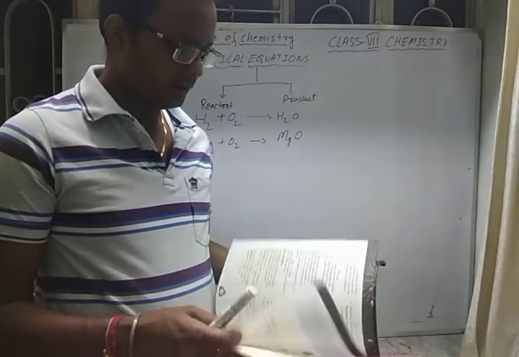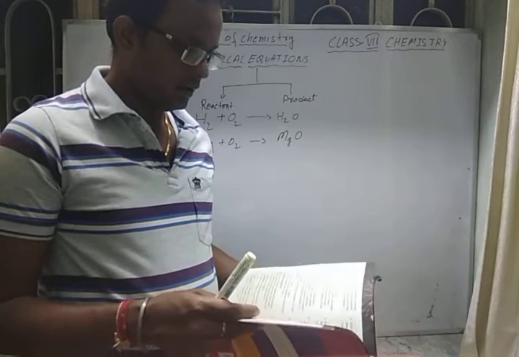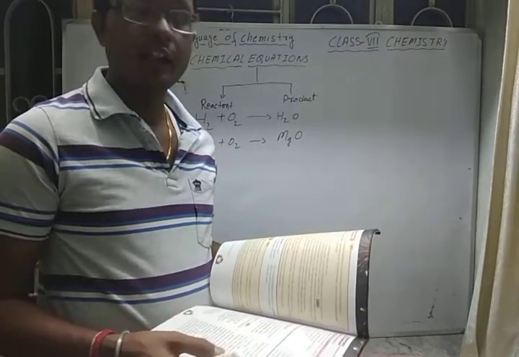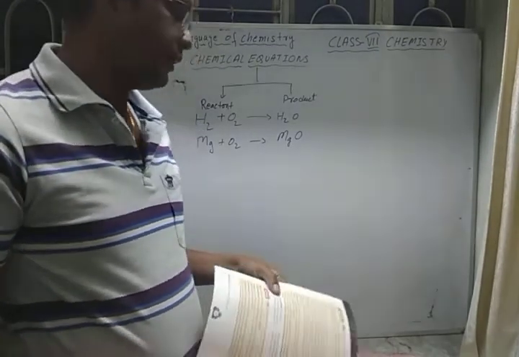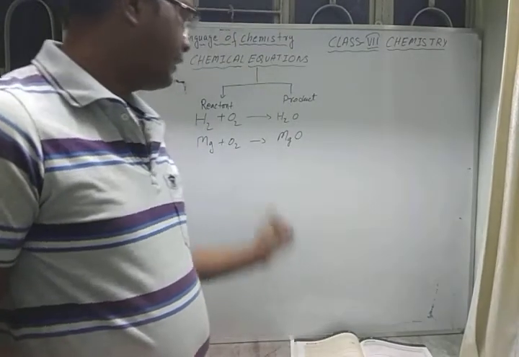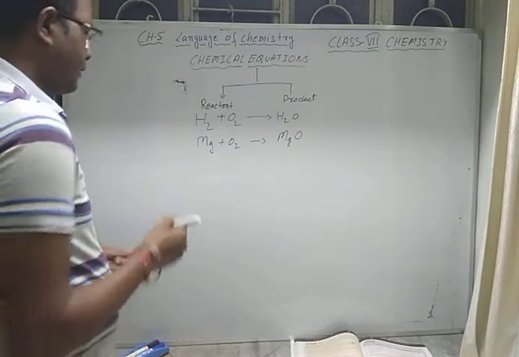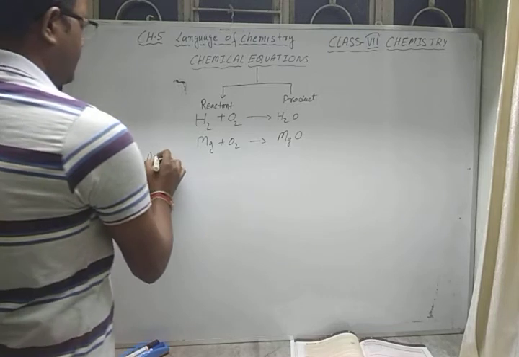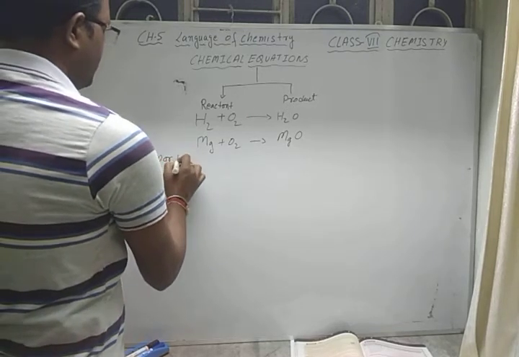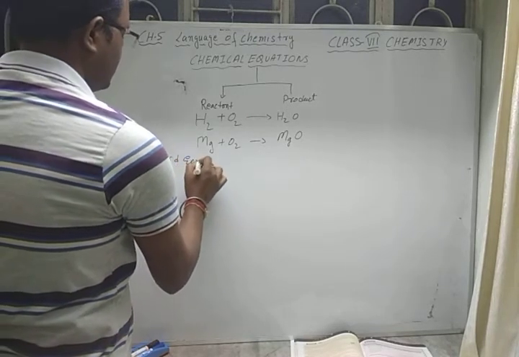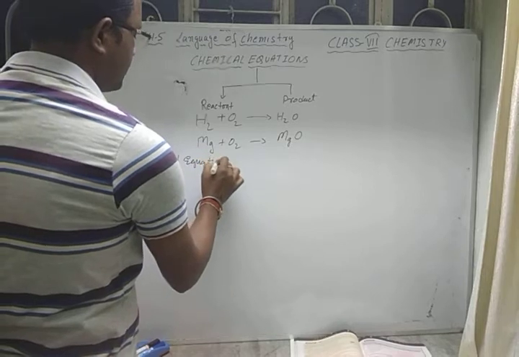The next part is writing a chemical equation. How do we write a chemical equation? While writing a chemical equation, first of all, we write a word equation.